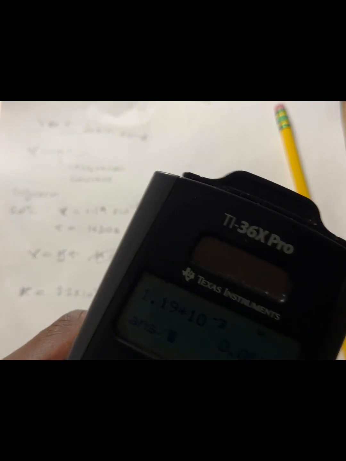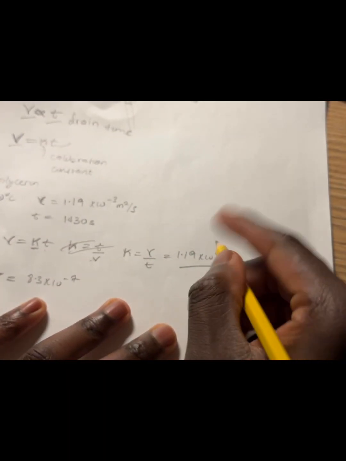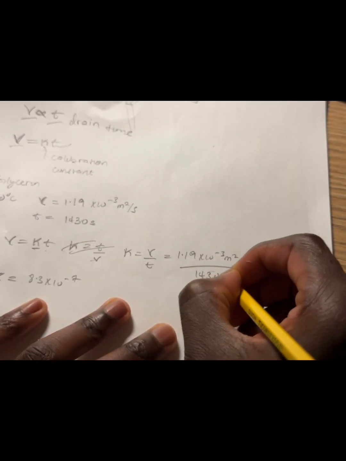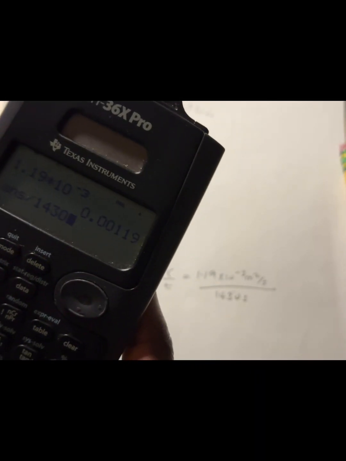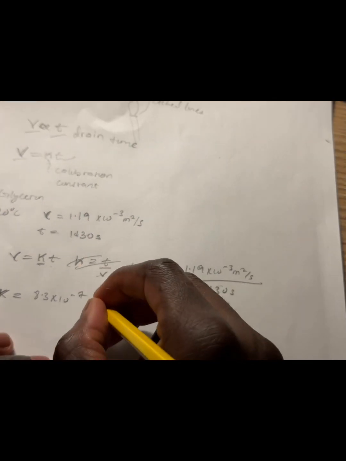And then we divide it by, oh, I didn't even put this out here, I just put the seconds. So it's 1,430 seconds. We divide that by 1430. That's the answer: it's 8.32 times 10 to the negative 7. What are the units? So we have meters squared per second squared.